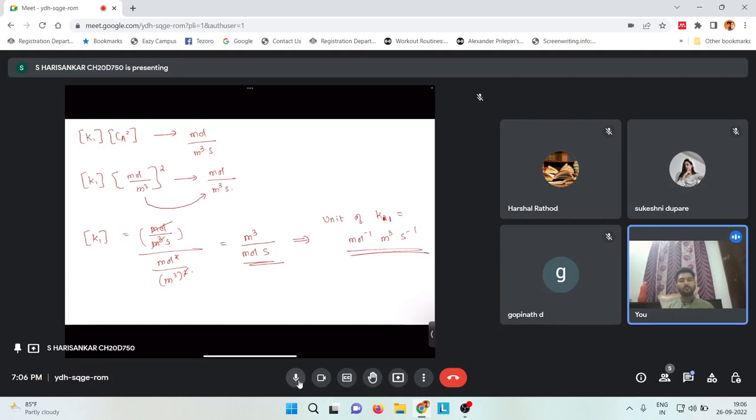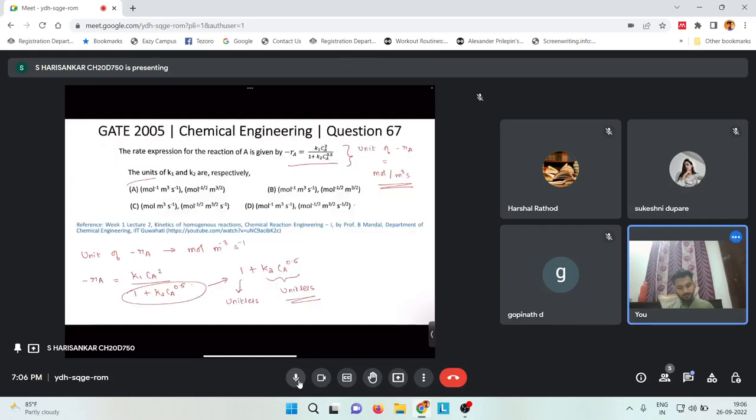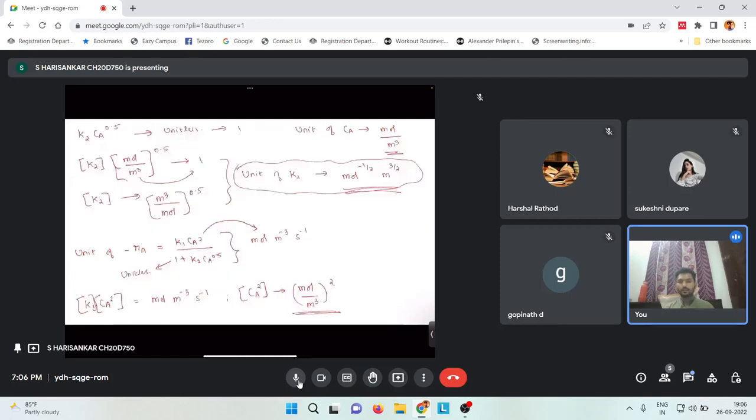Okay. So now we look for the unit of K1 in the options. Option A satisfies these units. From option A, K1 is mole raised to minus 1 meter cube per second inverse, and K2 was mole raised to minus 1 by 2 meter raised to 3 by 2.